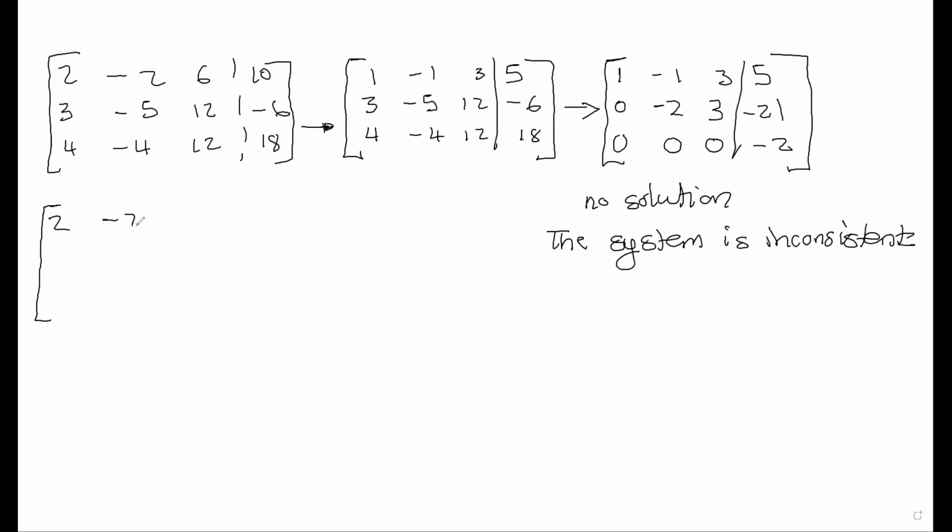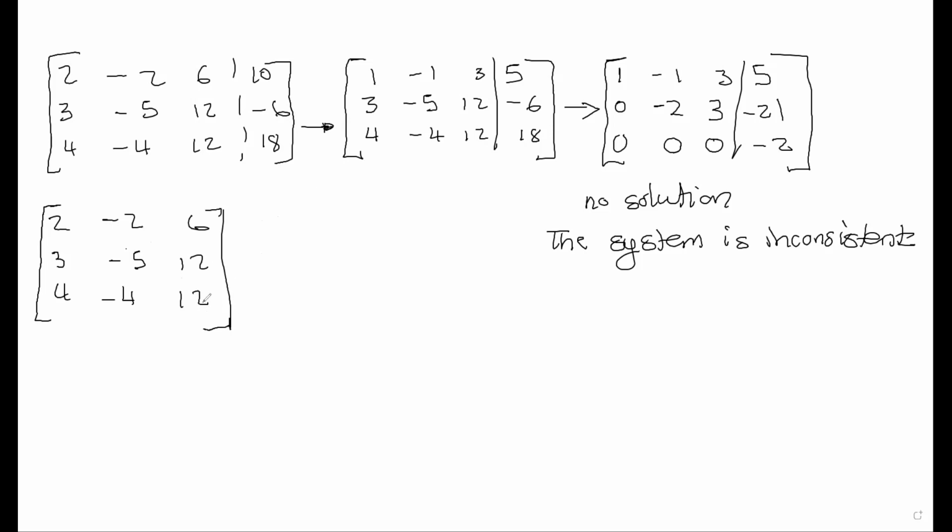It's 2, -2, 6, 3, -4, 12, 4, -5, 12, 10, -6, and then 18. Oh, I just wrote the same thing here.